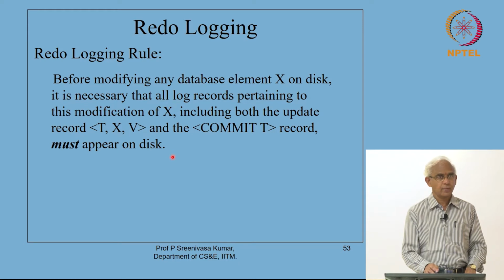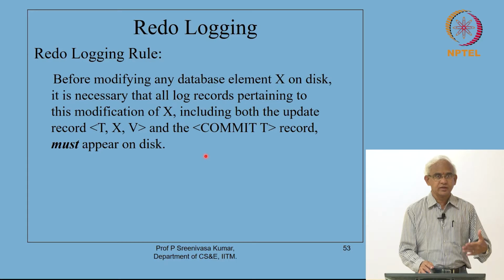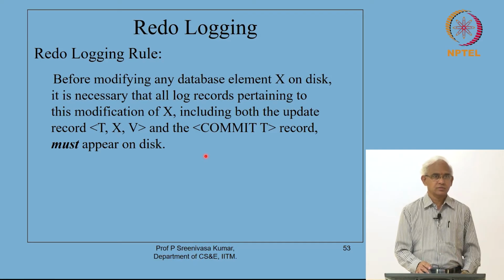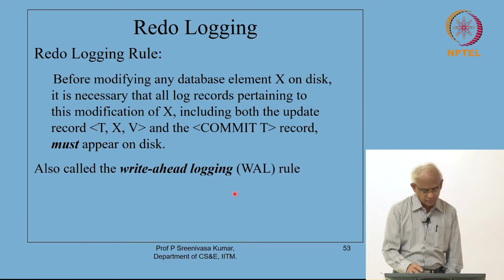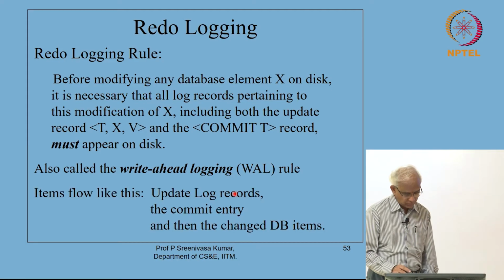The actual update of the items on the disk can then proceed in a leisurely manner afterwards, but as soon as possible. So we have that flexibility now. This principle is what is called the write-ahead logging rule.